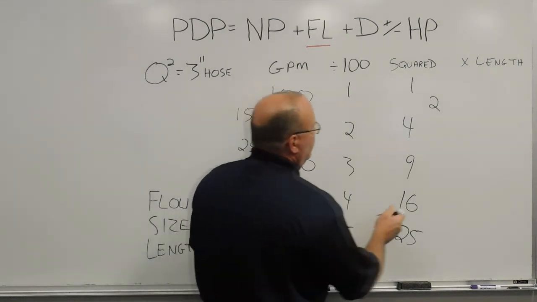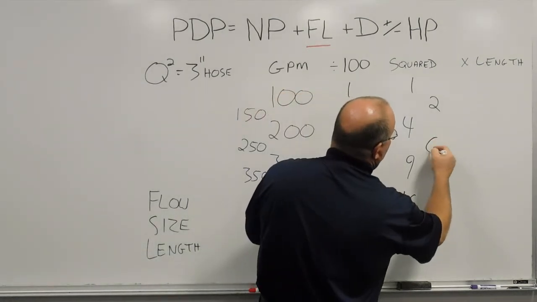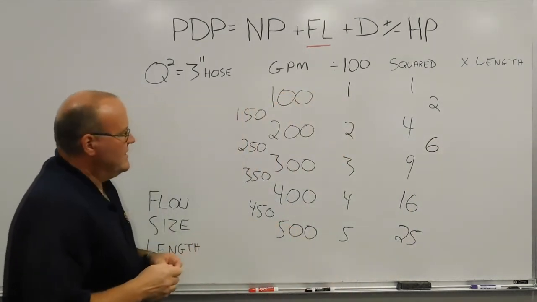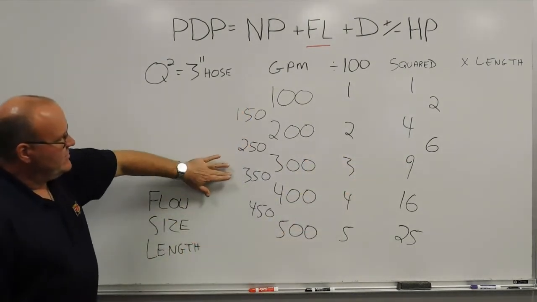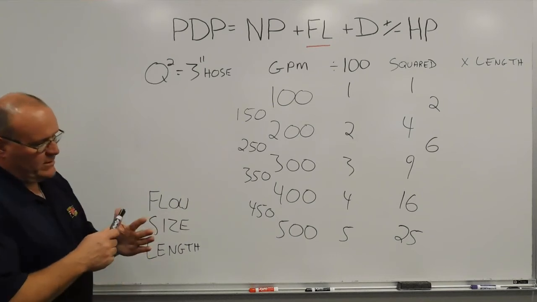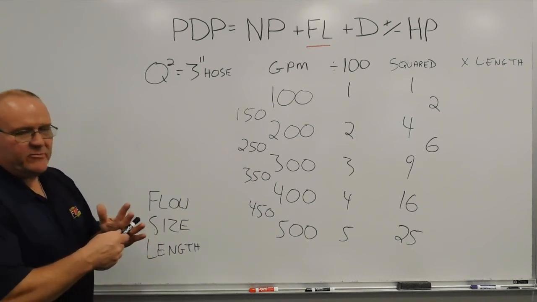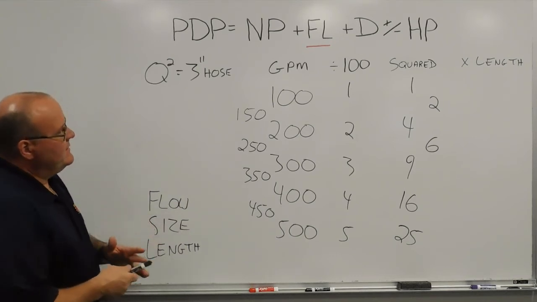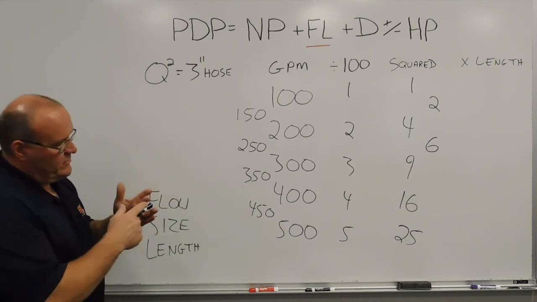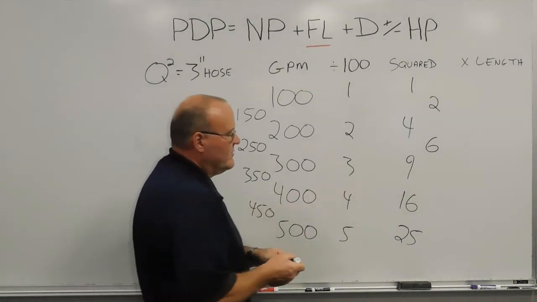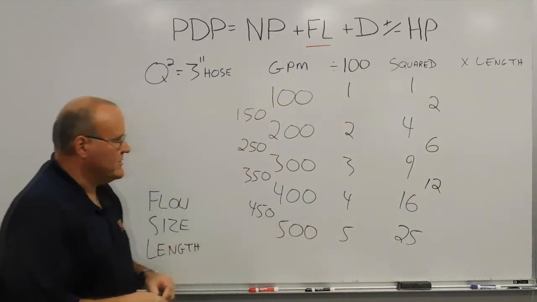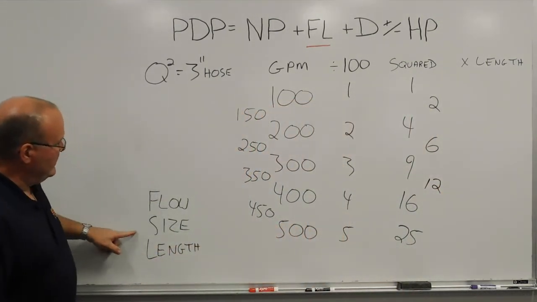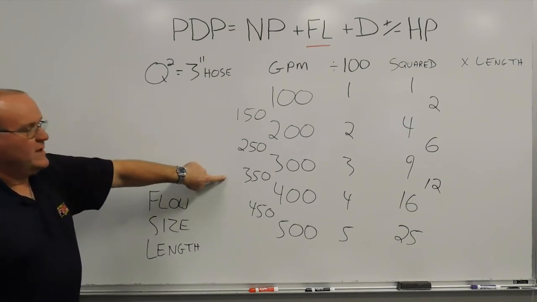That means that for every 100 feet of 3-inch hose flowing approximately 250 gallons a minute, that would be 6 pounds of friction loss. We come down here to 350. 350 falls between 300 and 400, so cross multiply 3 times 4. Approximately 12 pounds of friction loss for every 100 feet of 3-inch hose flowing 350 gallons a minute.